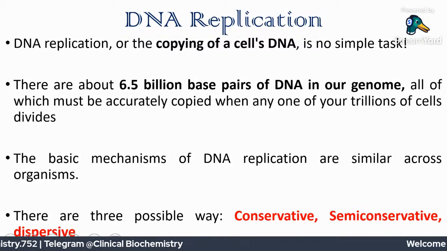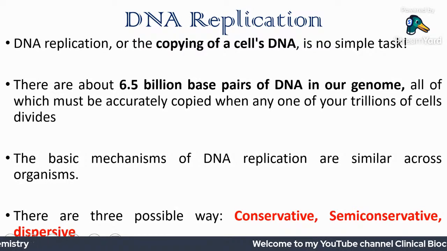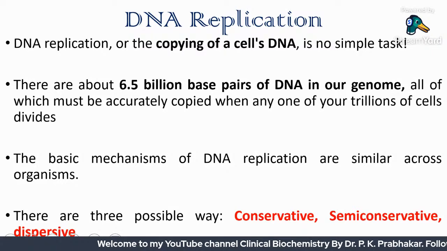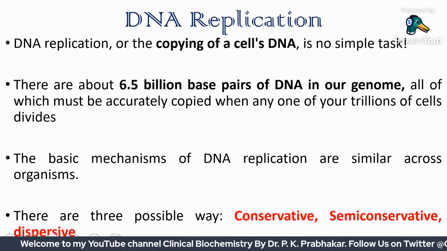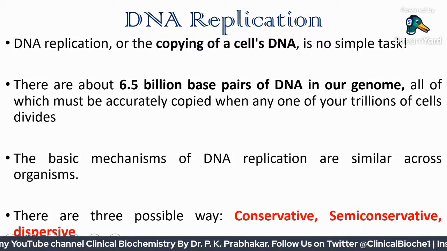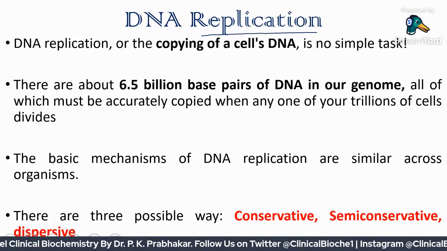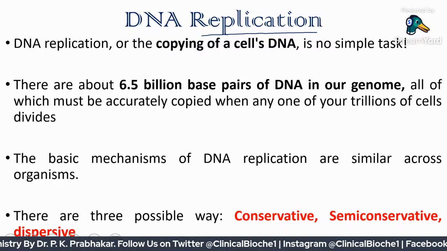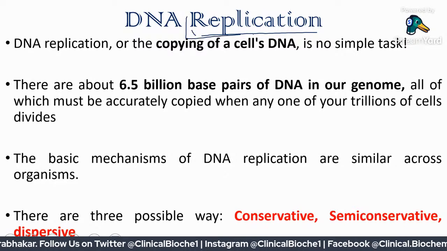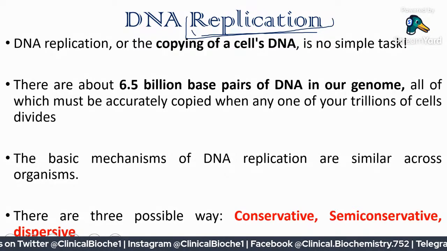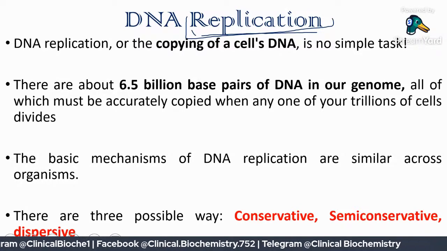So now we are going to see DNA replication. Replication exactly means the copying of the DNA molecules. And remember one thing, we have replication, transcription and translation. Whenever replication occurs, the purpose of replication is just duplication of the chromosome. Other than that, no other purpose is there.